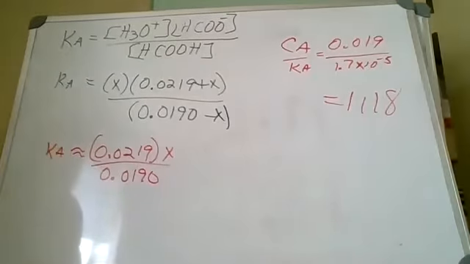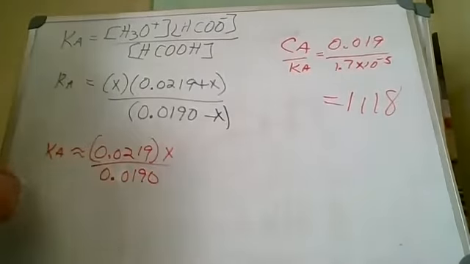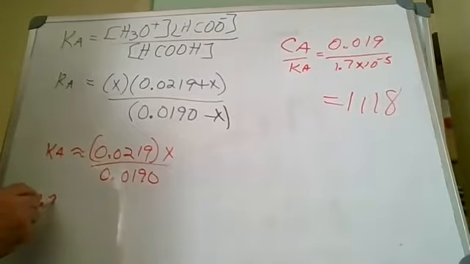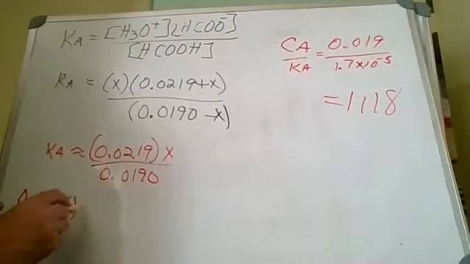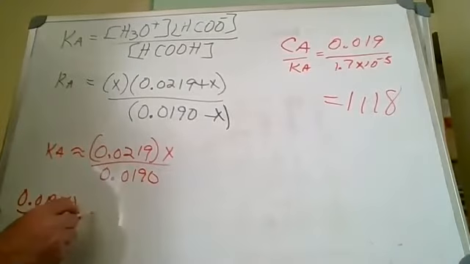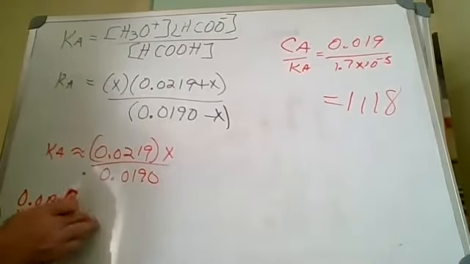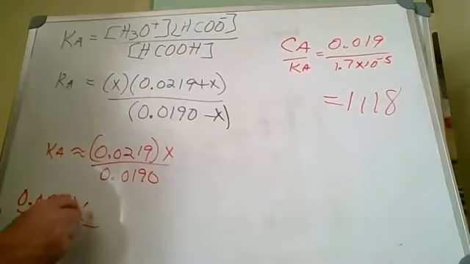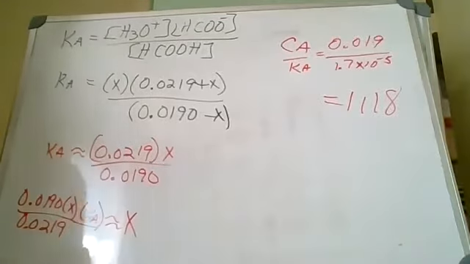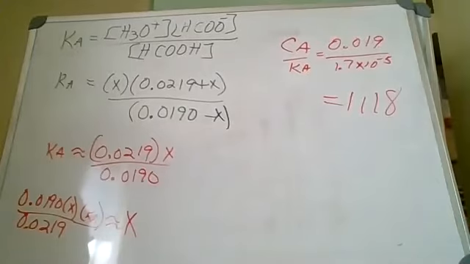Okay, so on the next line, we will solve this for X. So 0.0190 divided by 0.0219 times Ka is approximately X. Okay, everybody with us?